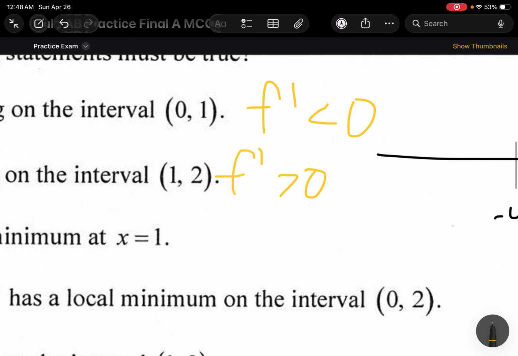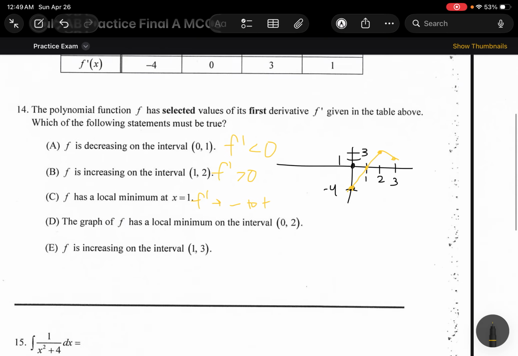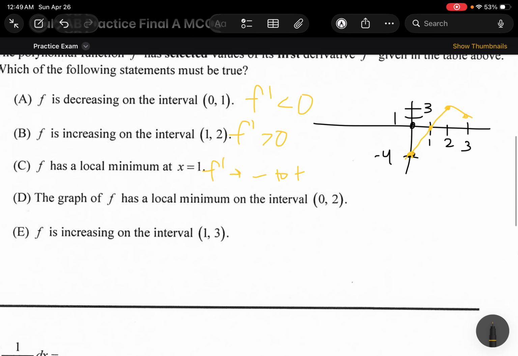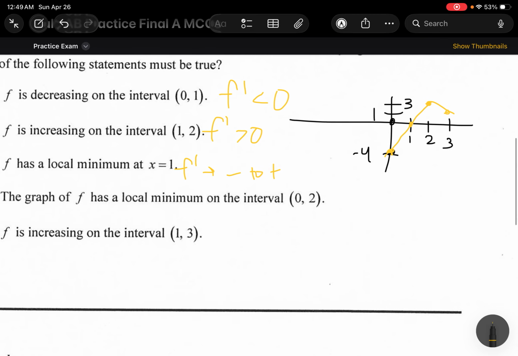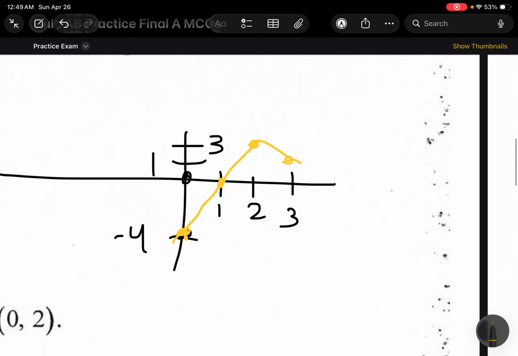Yes, so f prime goes from negative to positive. This is also true. The graph of f has a local minimum on the interval 0 to 2.